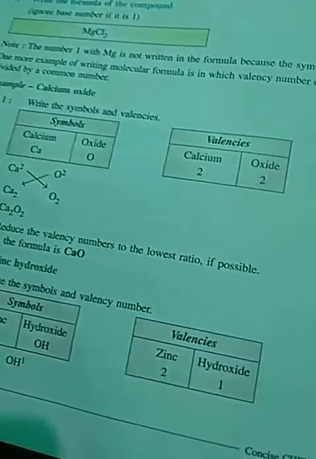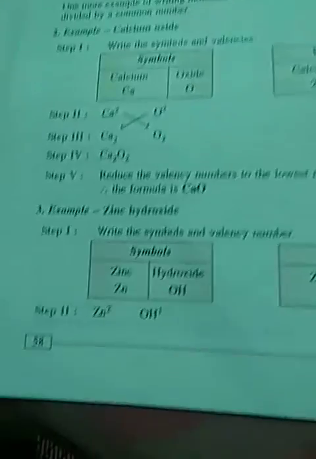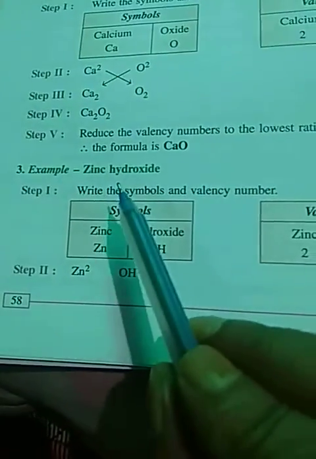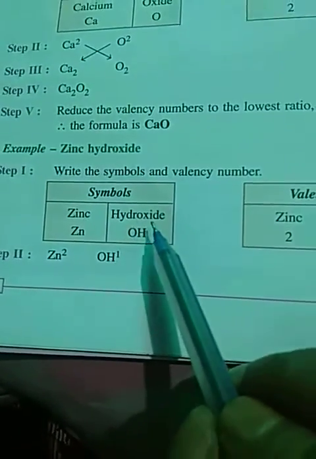This CaO is the molecular formula of calcium oxide. Another one is zinc hydroxide. So now zinc hydroxide means zinc plus hydroxide.